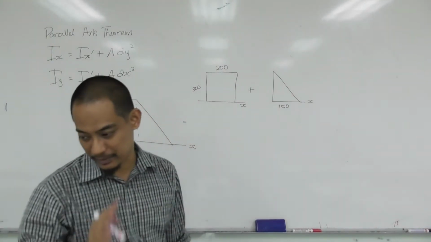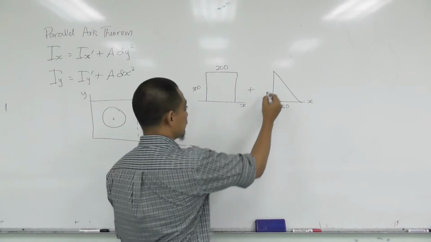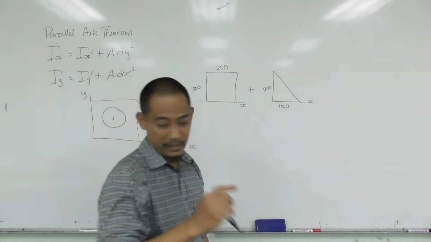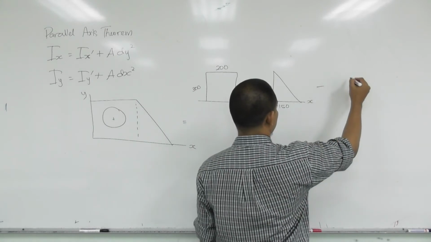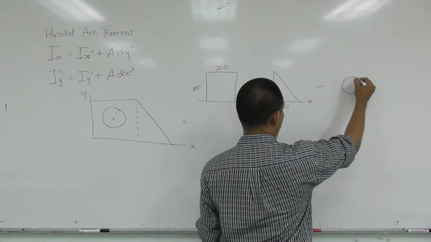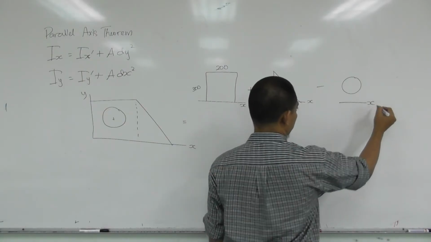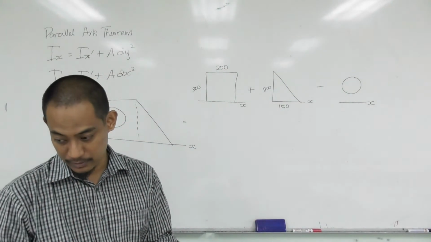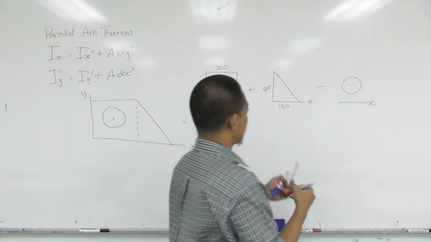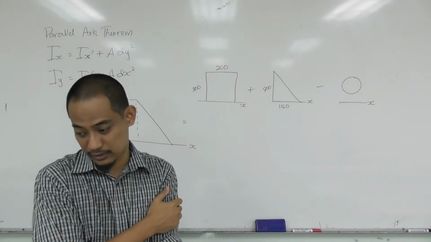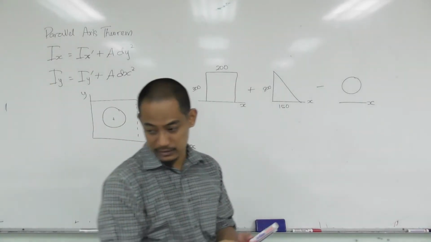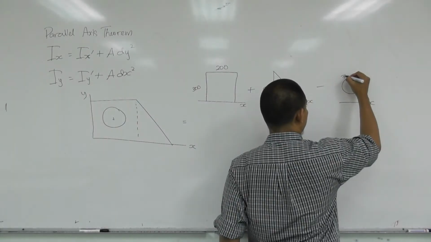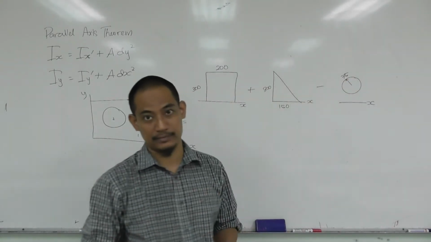This is all in millimeters, right? 150, and then this is 300, right? And then you minus the circle. The circle has its x-axis down there, and this is where the distance is. Okay, the distance we'll take after this, right? The radius is 75 millimeters.